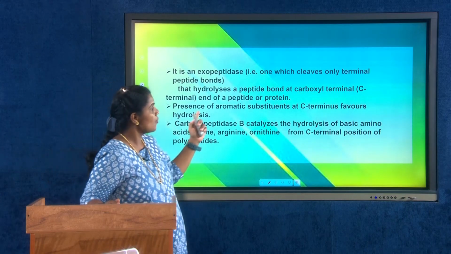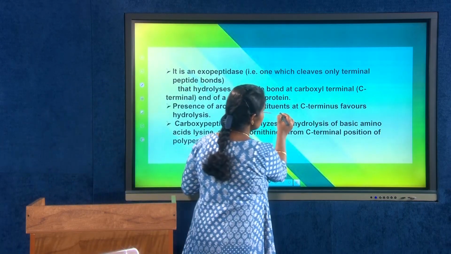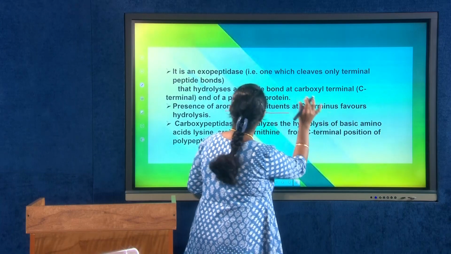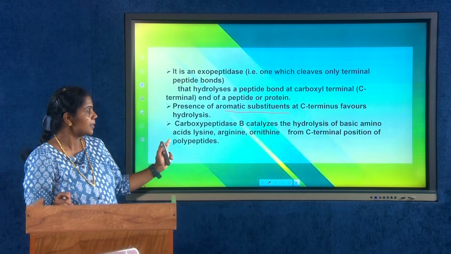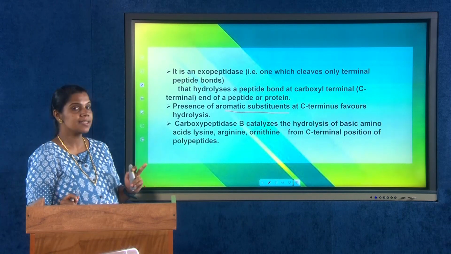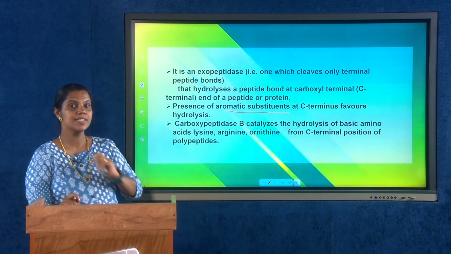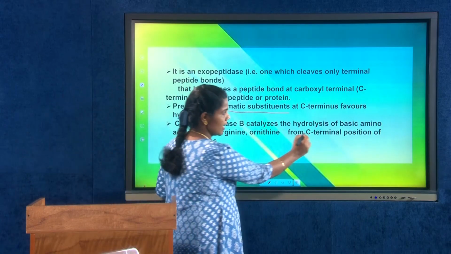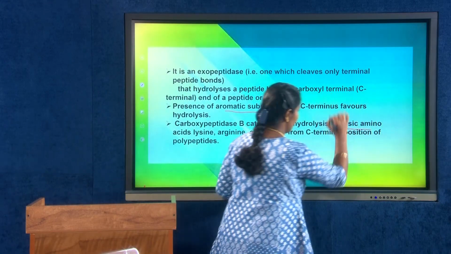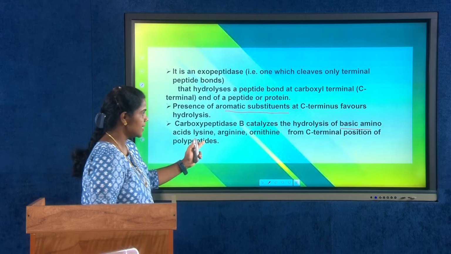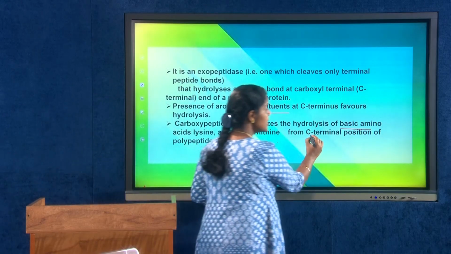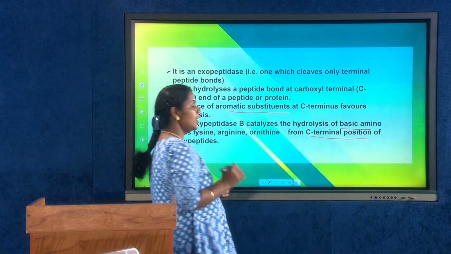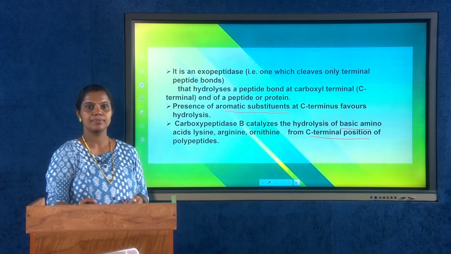The presence of aromatic substituents at the C terminus will favor the hydrolysis, and carboxypeptidase B catalyzes the hydrolysis of basic amino acids, particularly basic amino acids like lysine, arginine, ornithine from the C terminal position of the polypeptides.